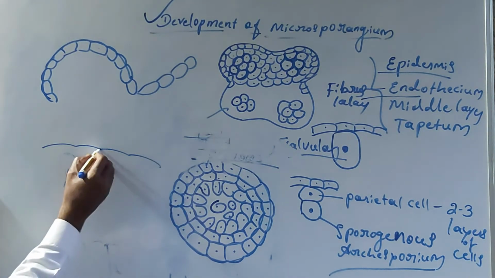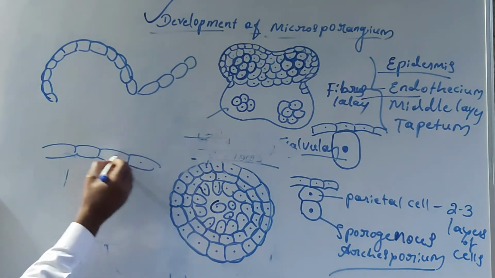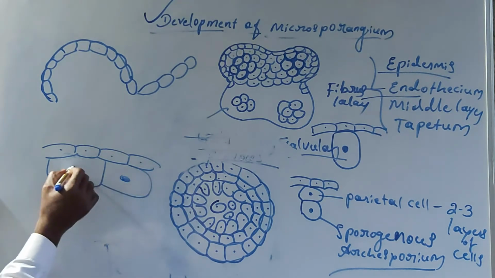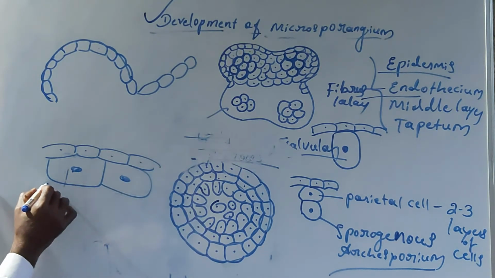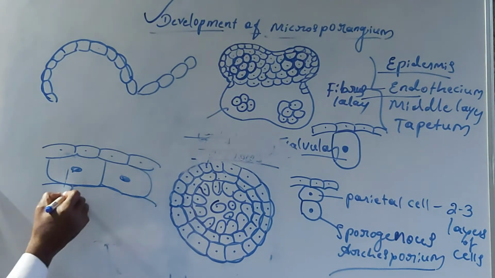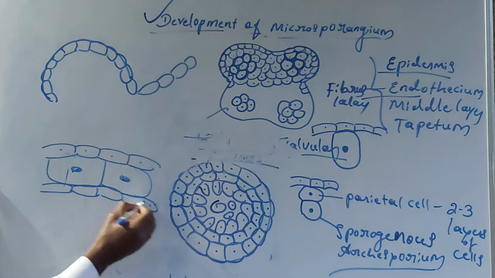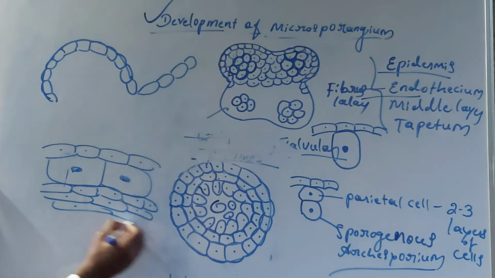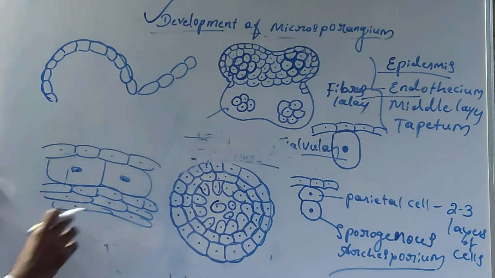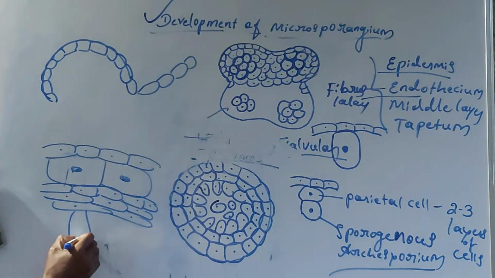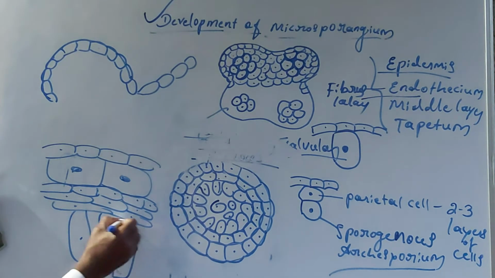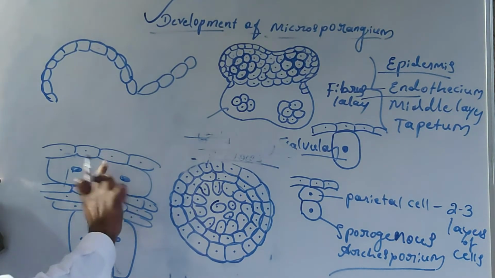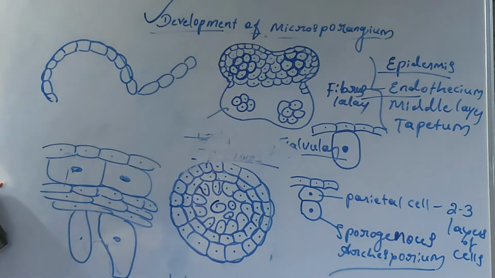Suppose this is the epidermis, the epidermal cells, then the endothecium, whose cells are identical, and this is the middle layer, whose cells are also identical. This is the tapetum. Epidermis, endothecium, middle layer, tapetum together are termed the wall of the anther.